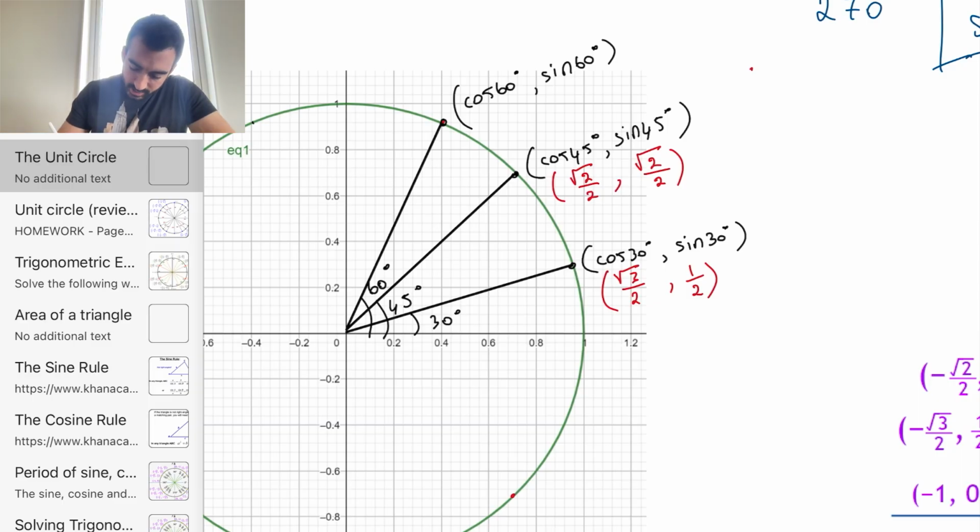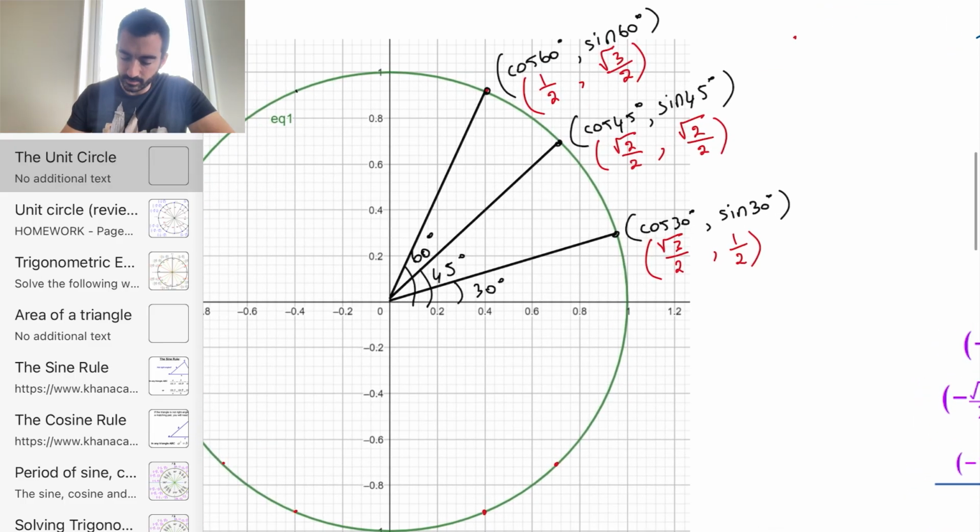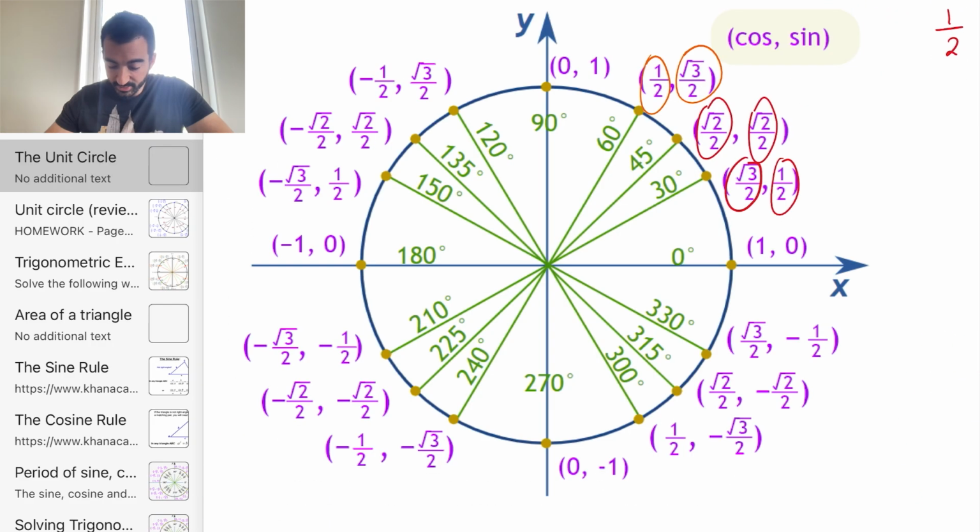And for cos 60, I have 1 half, comma root 3 over 2 for sine 60. So basically, if you notice, the only values that we have here are a half, root 2 over 2, and root 3 over 2. And these numbers are repeated, if you have noticed.